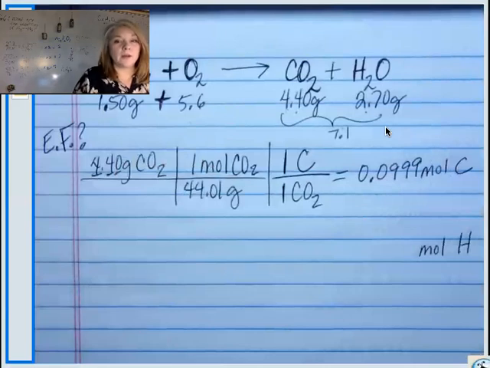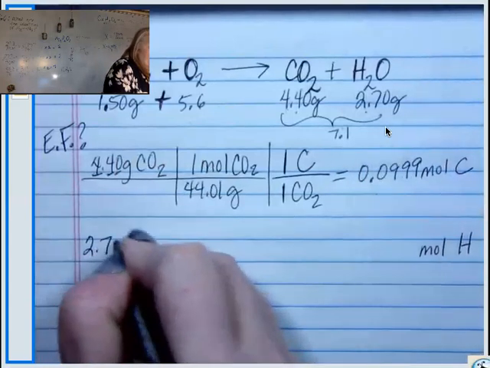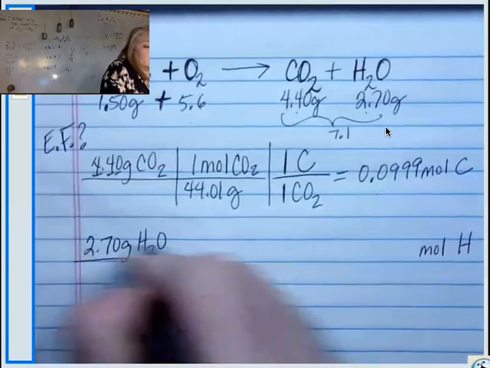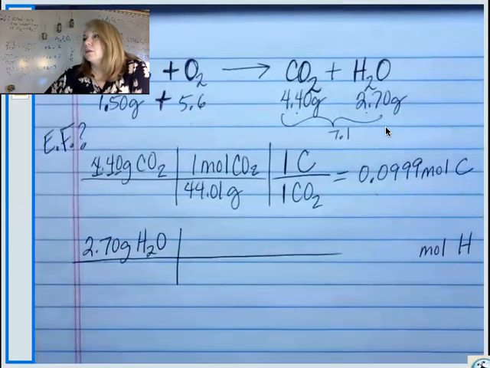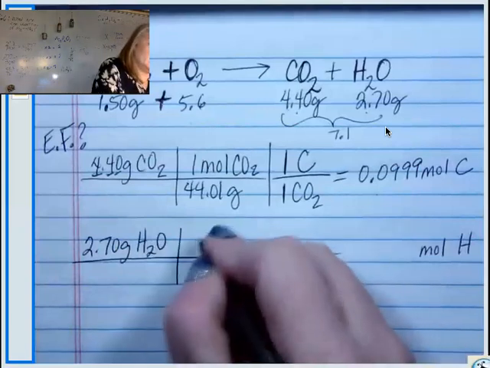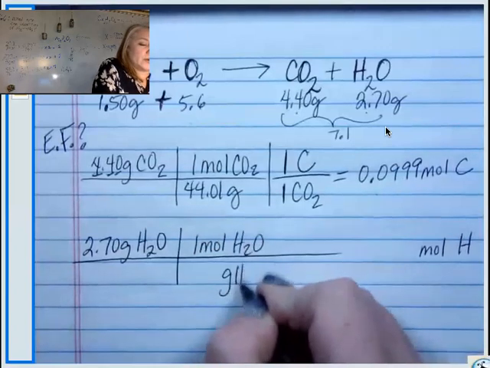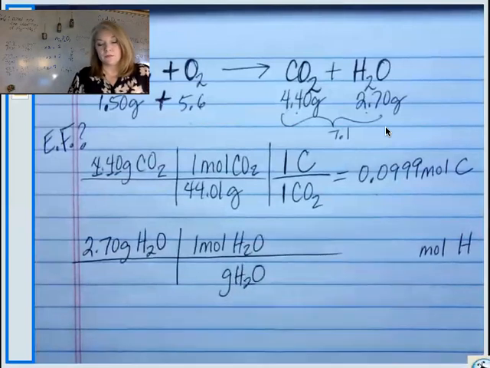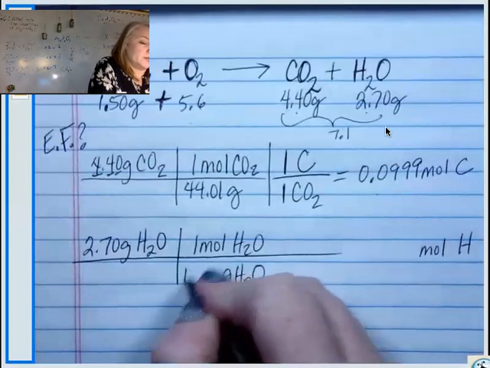All right, now we got the carbon out. Let's pull the hydrogen out. Same little setup that we're going to do, except realizing that all of our hydrogen is tied up in the water. So we're going to take our 2.70 grams of water. What's the first thing that we need to do? Get the molar mass of water, good. So for every 1 mole of H2O, we have some number of grams of H2O. 2.02 plus 16, so 18.02, good.